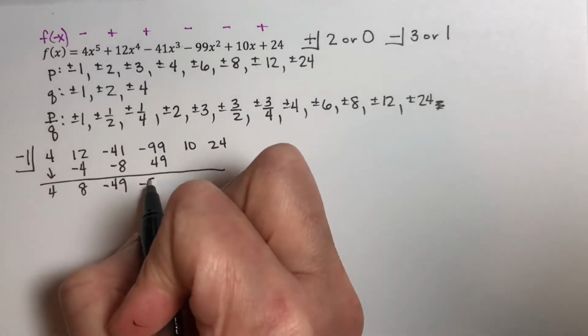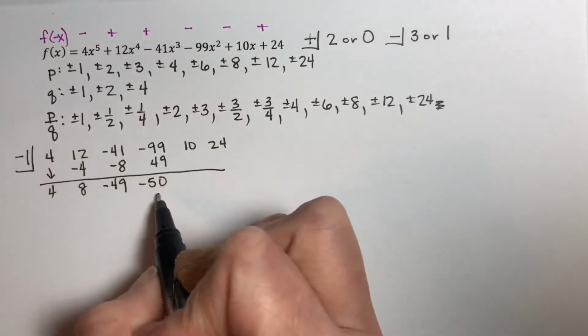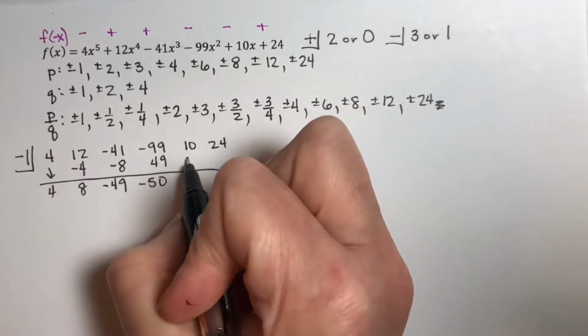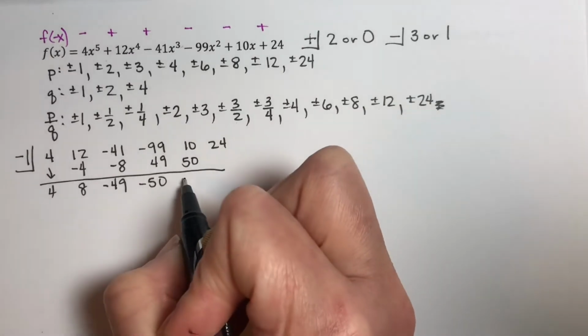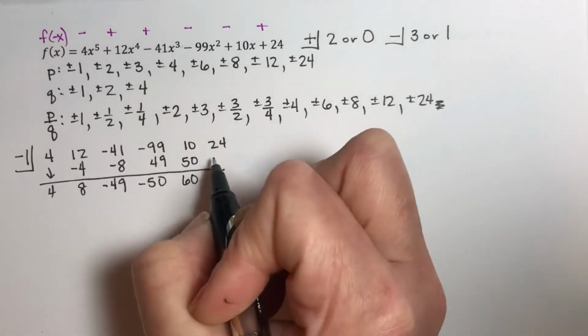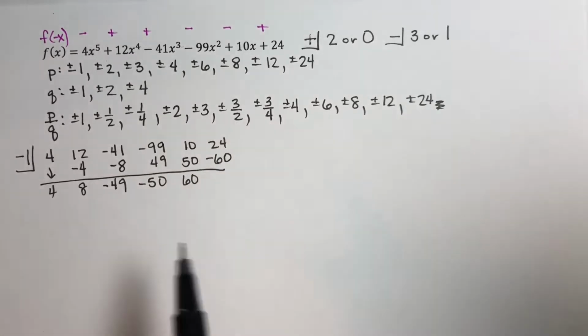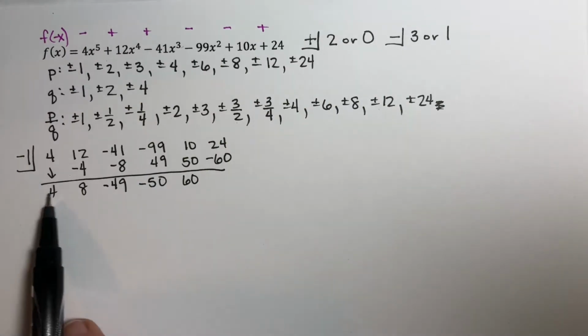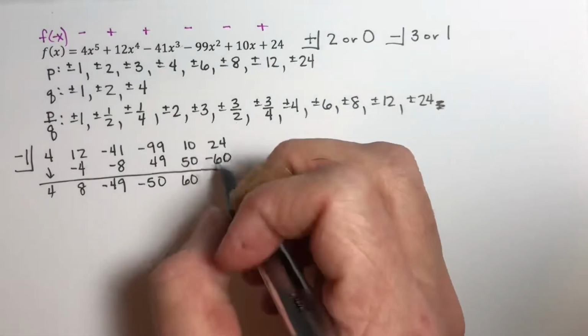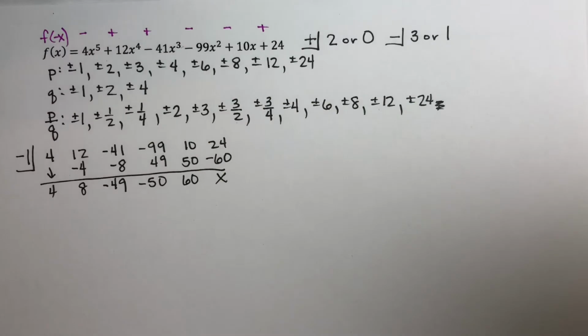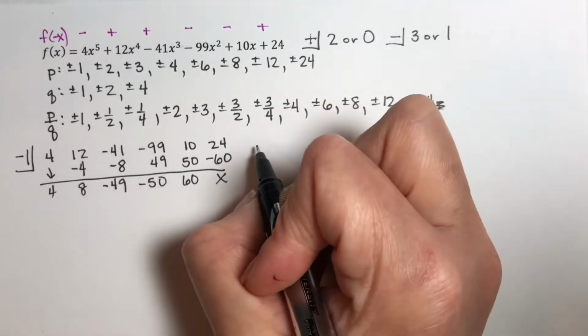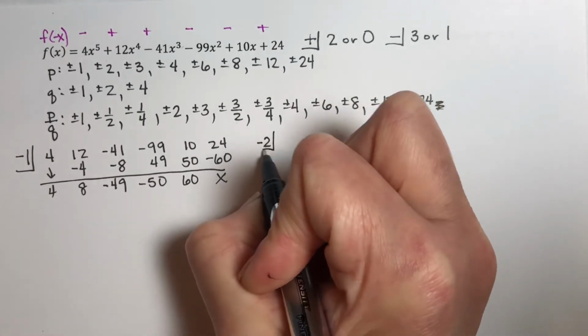Add for negative 50. Negative 50 times negative 1 is positive 50. Add to get 60, and you have negative 60 here. I'm checking a negative number. I do not have alternating signs, and this is not 0, so negative 1 does not work, and it does not eliminate anything else. Okay, let's try a negative 2.